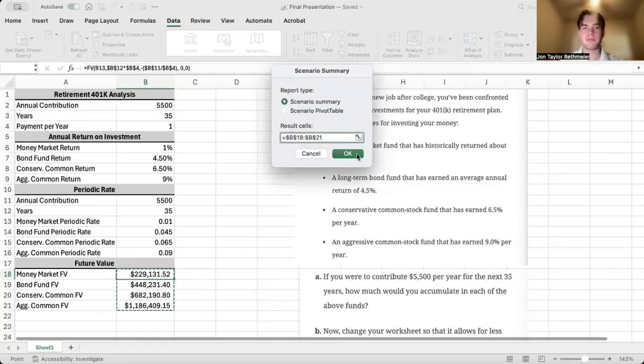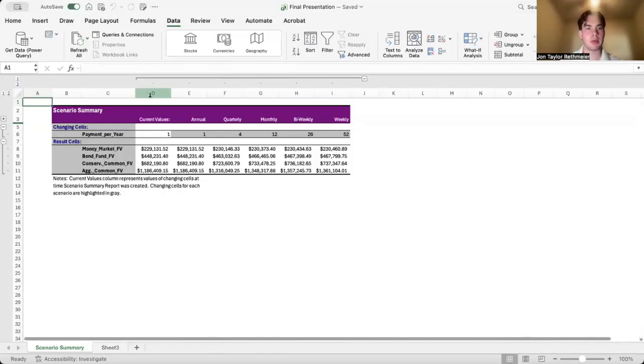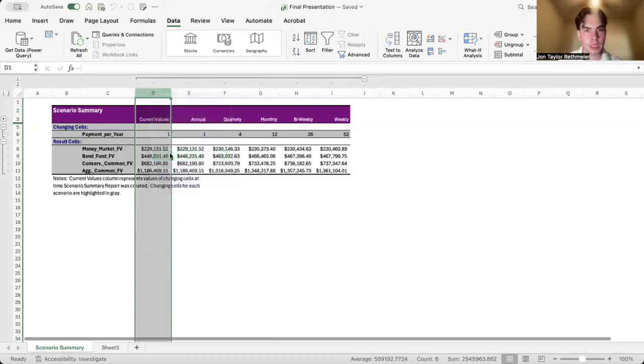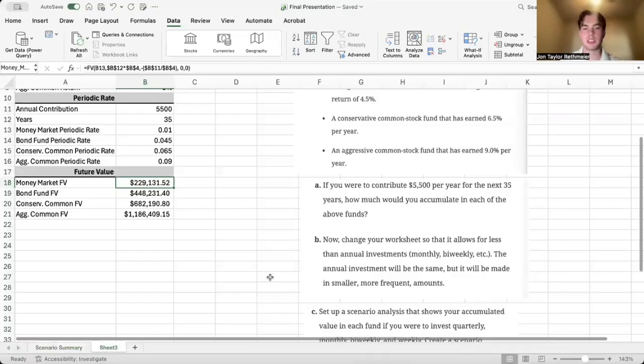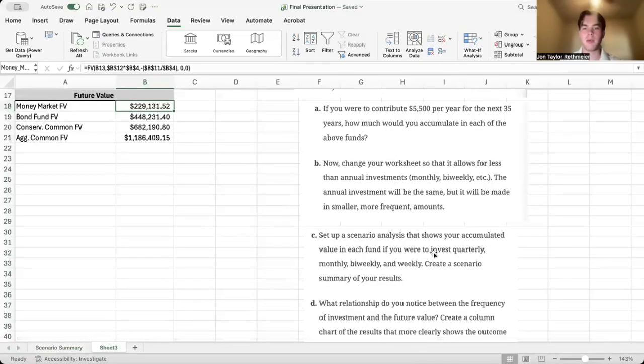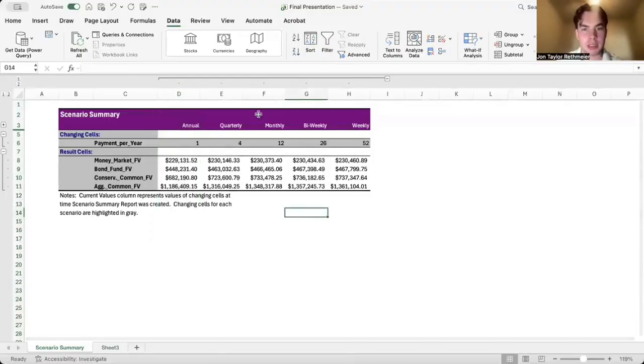So we do that. And then we can get rid of this row. And here we have the answer to question C. We set up our scenario analysis to see how much we have accumulated in value based on how often we are to invest.